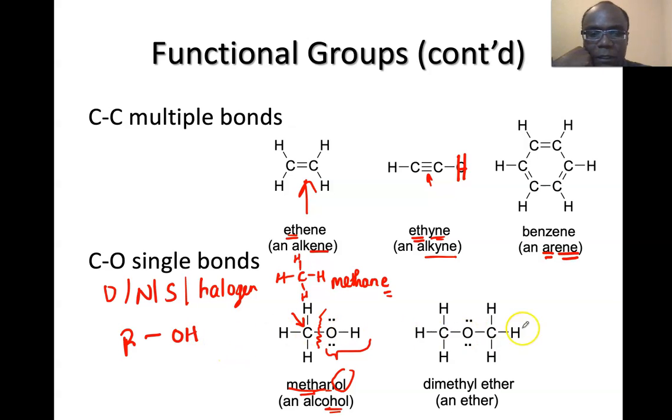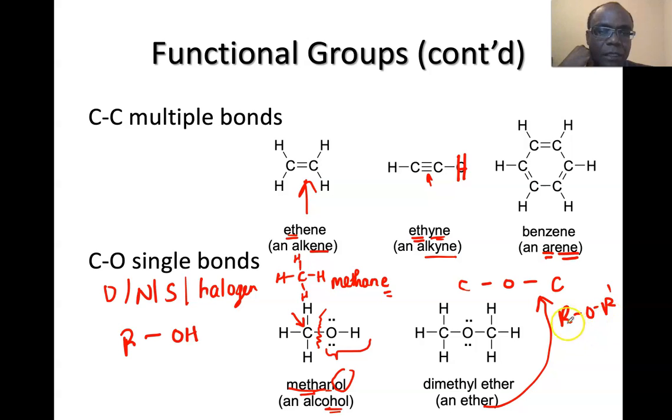So let me just use R to denote any carbon tail, and then you have OH. Those will be alcohols. For ether, basically you want an oxygen between 2 carbons, and these 2 carbons should not bear another oxygen on top of them, like a double bond O. We call that a carbonyl. So this will be the general structure of an ether: R-O-R', where R and R' are not the same chains, may or may not have the same count of carbons, but you do have carbons in there.